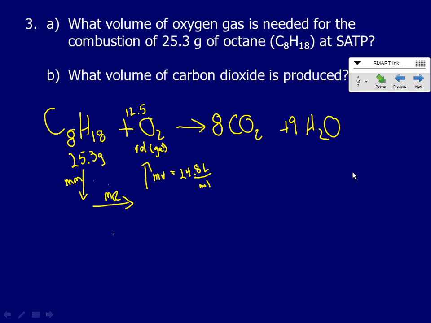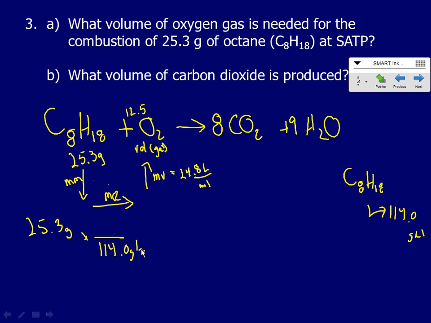Does somebody have a molar mass for C8H18 as I was babbling away here? We've already got it. Jenna, what do you got? 114.0 grams per mole. Are you guys already waiting with the answer? That's fabulous if you are. Now you just got to write it down and do all this stuff. 25.3 grams, 114.0 grams per mole.